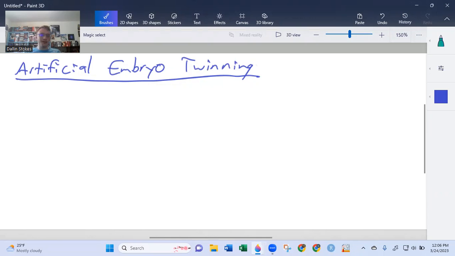Now, in nature, we have something called identical twins and non-identical twins, or fraternal twins. In science, we call identical twins monozygotic twins.